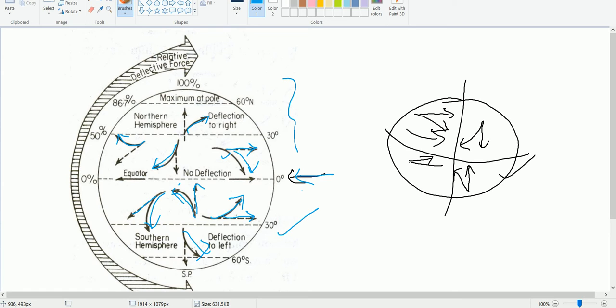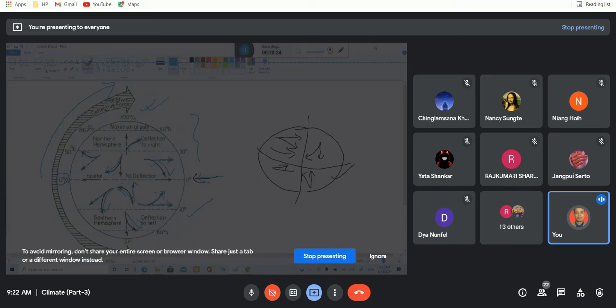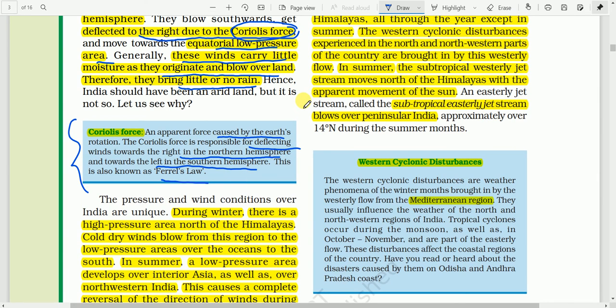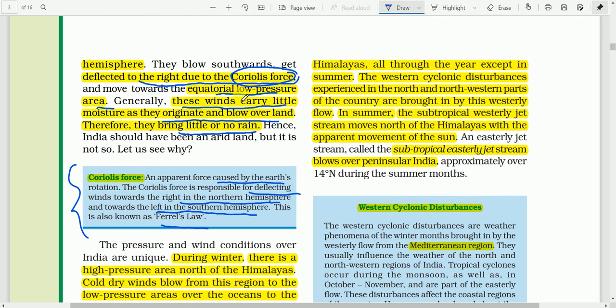That means Coriolis value will be 0 at the equator, and the value of Coriolis force will increase towards the poles. It is 100% at the poles. So because of this Coriolis force, winds are deflecting to the right or to the left. And that is why these northeast trade winds are deflecting as mentioned here.